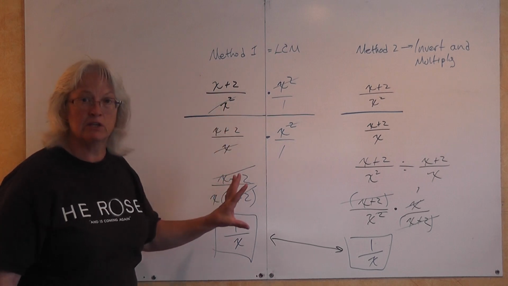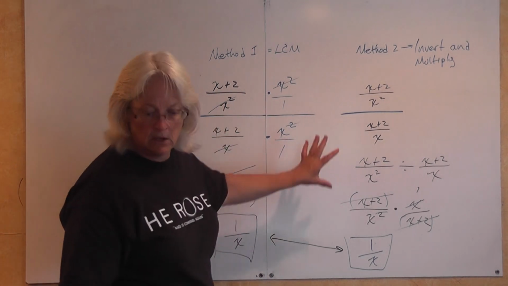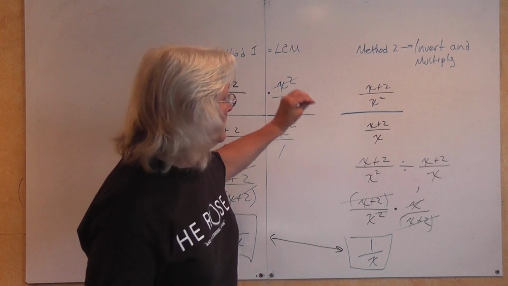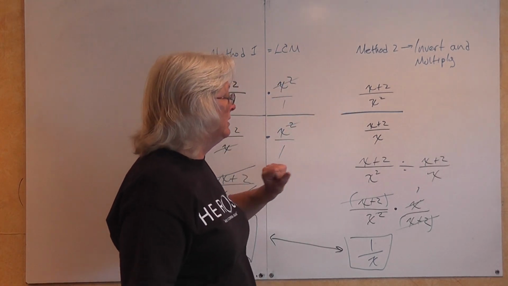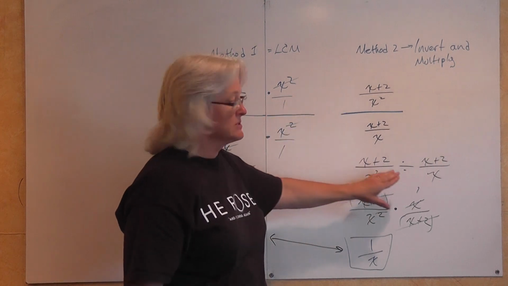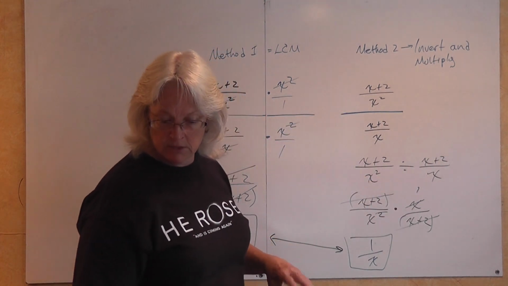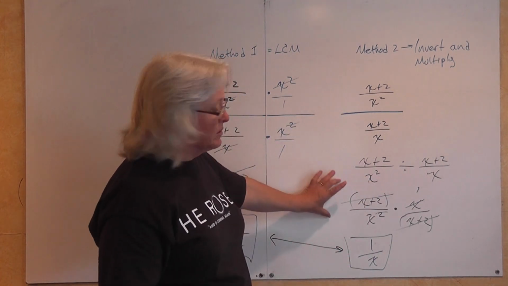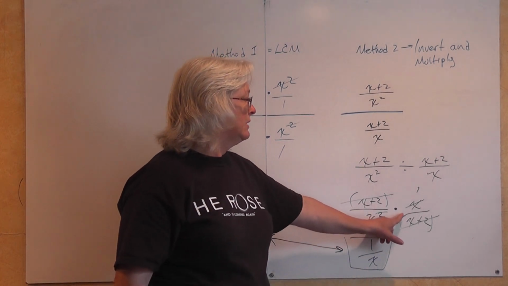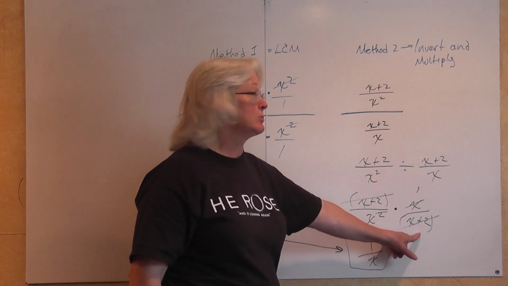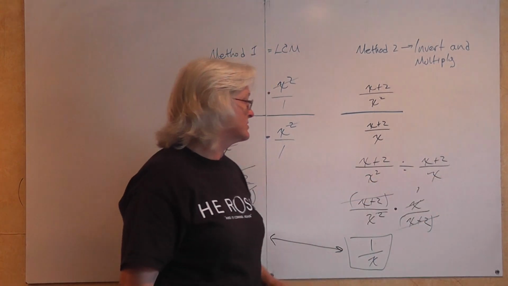Do whatever cancellation is necessary. What are you going to do here? Sometimes you might have to simplify the numerator and denominator separately. You're going to rewrite this as a division problem. And then you're going to, just like I said, multiply by the reciprocal of that divisor.